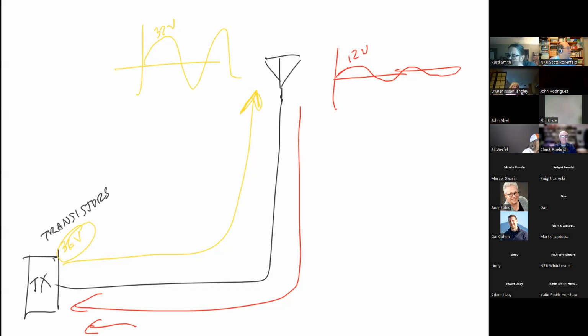That's one of the reasons it's very important to have a low SWR. That is one of the main reasons that we use an antenna tuner on HF radios and antennas. Number one, to get all your power going up into the air, and number two, to protect the transistors in your amplifier from being destroyed.